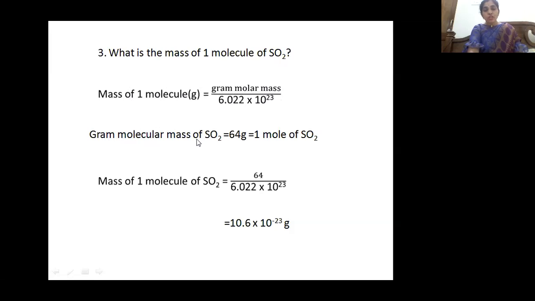Gram molecular mass of sulfur dioxide is 64 gram, which in turn is 1 mole of sulfur dioxide. Then mass of one molecule of sulfur dioxide is 64 by 6.022 into 10 to the power 23, which is equal to 10.6 into 10 to the power minus 23 gram.